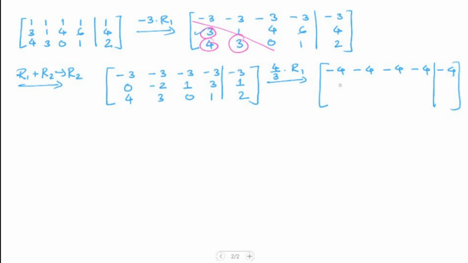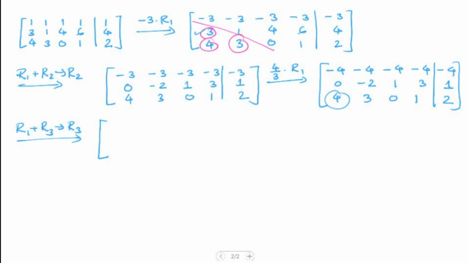So we have 0, minus 2, 1, 3, 1. And then we have 4, 3, 0, 1, and 2. The next row operation that we need to do to make this element here 0 is we'll take now row 1 plus row 3 and we'll put the values to row 3.